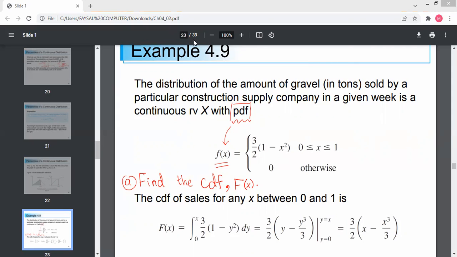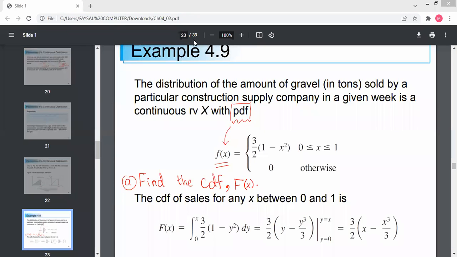If it changes with respect to x, it will be 3 upon 2 into 1 minus x square, with x less than or equal to 1 and greater than or equal to 0. All the values except this interval are 0. We have to find the CDF and f of x for my function.